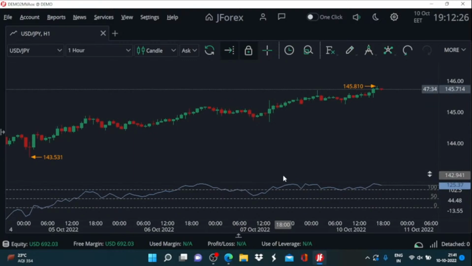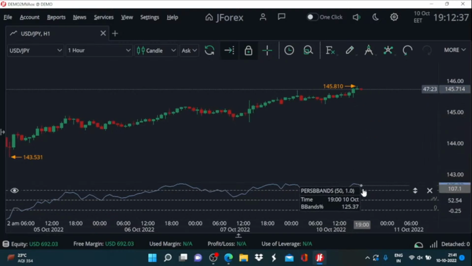We are not really seeing extreme values pointing to any immediate reversal. Rather than that, these fresh highs are being formed and formed, and we are not even looking at some sort of divergence. So this is one failing of the indicator which becomes evident on this chart, and as is the case with any other indicator, this indicator is also likely to fail sometimes. So we do have to keep that in mind.